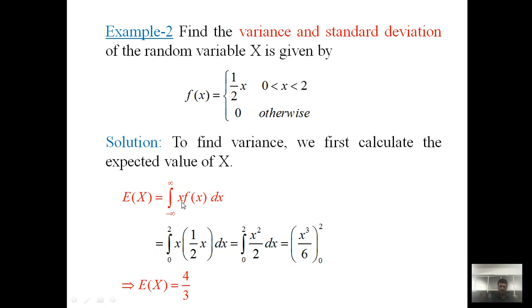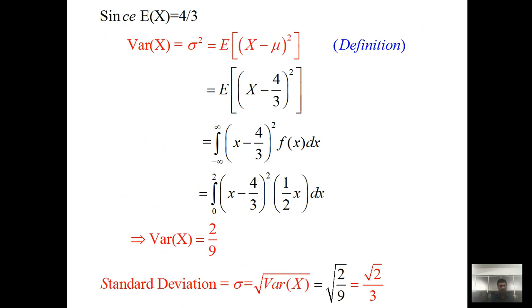Integral over 0 to 2, x as it is, and f of x is x by 2, into dx. So that is the integral over 0 to 2 of x square by 2 dx. It is a simple integration with respect to x. Its integral is x cube by 6, with boundary 0 to 2. By plugging in the upper limit minus the lower limit, we get the expectation E of X is 4 by 3. So now the expectation is 4 by 3.